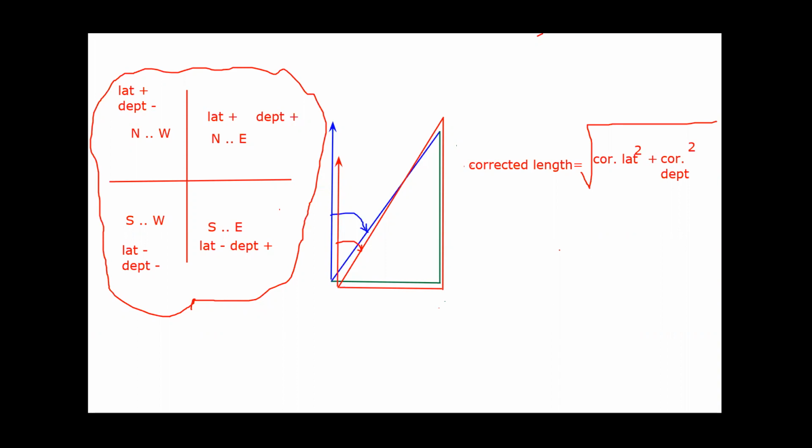It's the arctangent of the opposite divided by the adjacent. So the opposite is always going to be the departure, and the adjacent is always going to be the latitude.